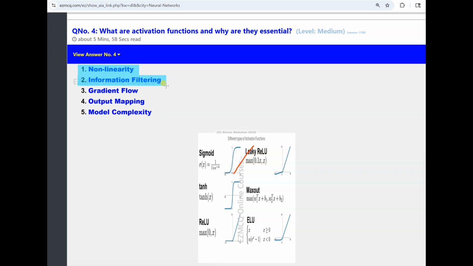There is the information filtering. Because of these activation functions, they help control which neurons will be active for which responses. When you can make a neuron active or inactive depending upon a certain response, this is basically a filtering operation. So basically we end up having selective activation. Over here, everything is working as per this red line.